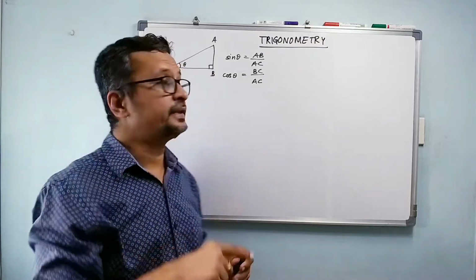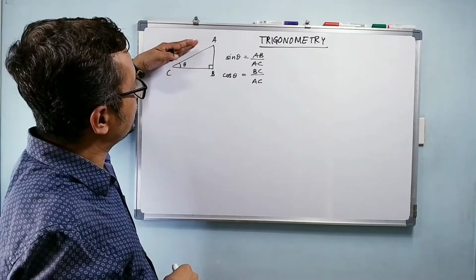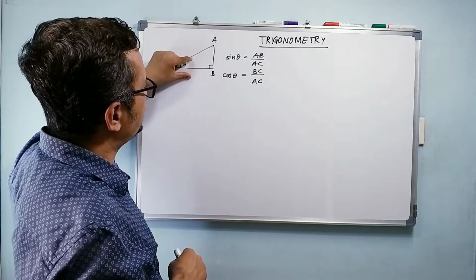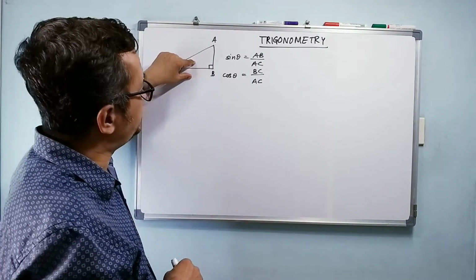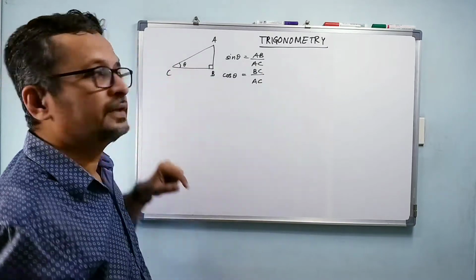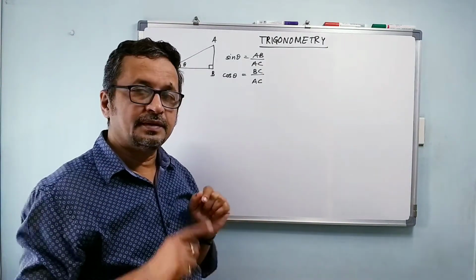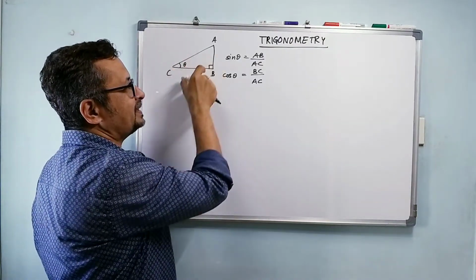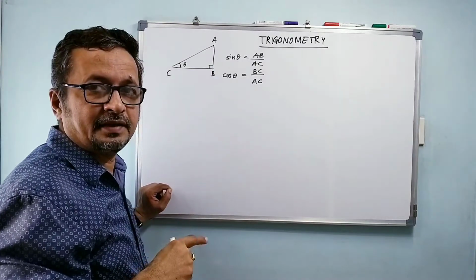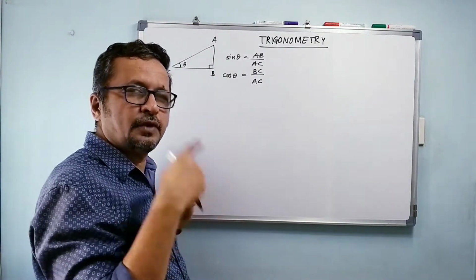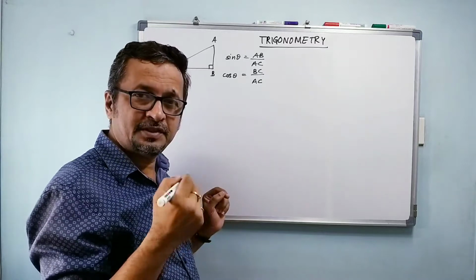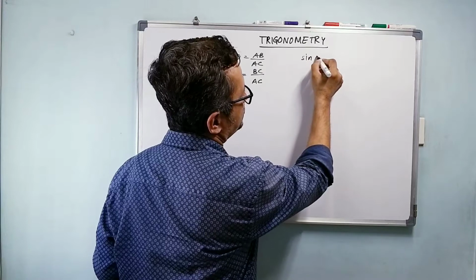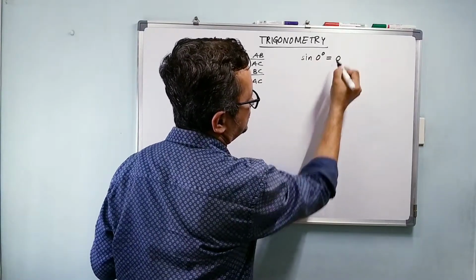So if theta has to become 0, that means my hypotenuse will come closer and closer to this side BC here, and that means theta will be 0 when this AC coincides with BC, correct? In that case, what would be the length of the opposite side? Will it not be 0? That is the reason why sine of 0 degree is 0.